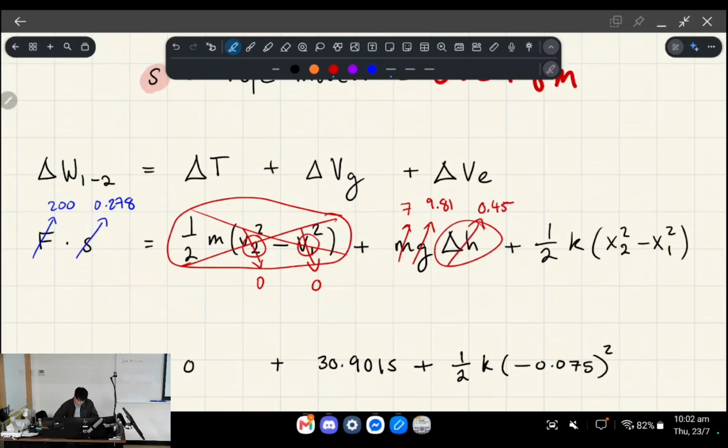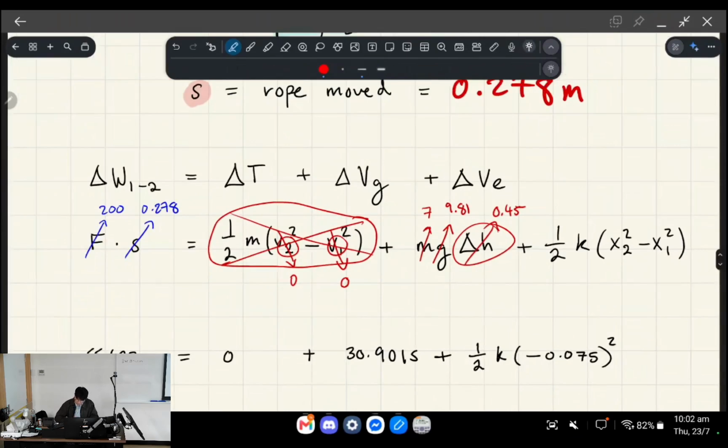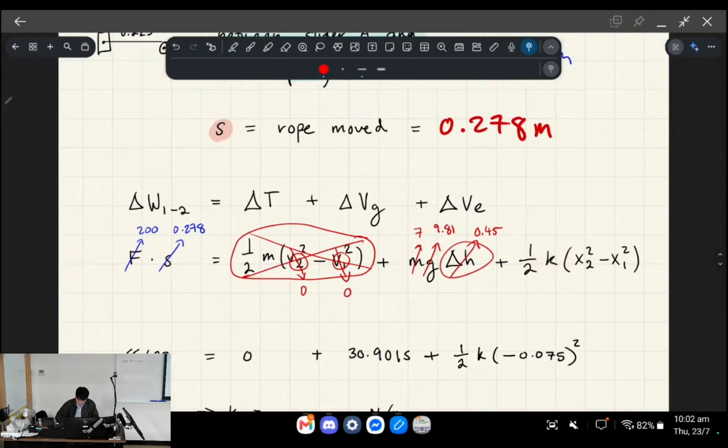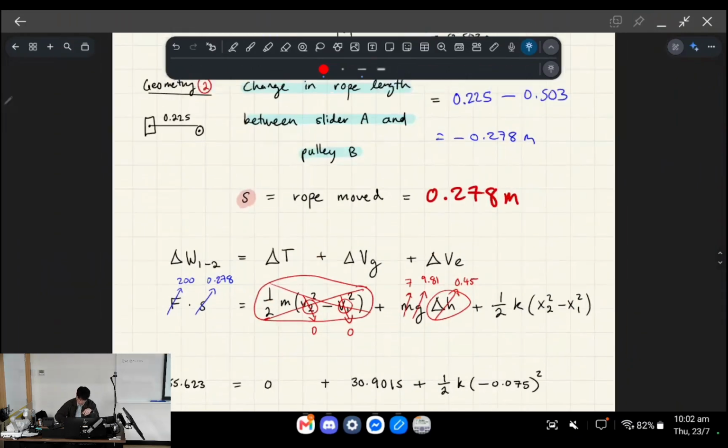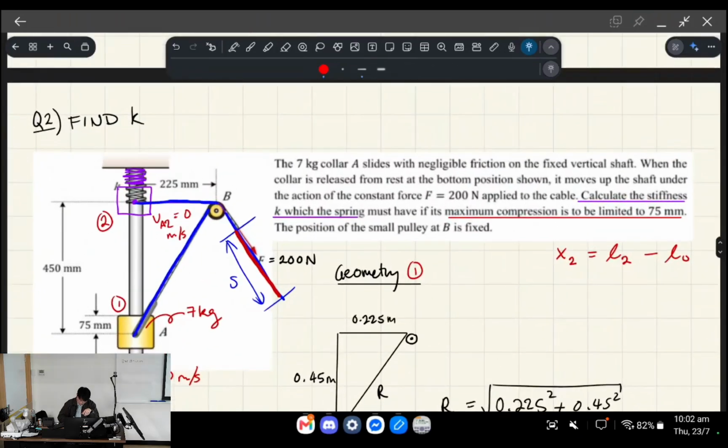Okay, lastly, let's look at the term to do with spring potential energy. We're interested in k, and so we want x2 and x1. Remember, x2 is the deviation from the spring's equilibrium length in state 2, and x1 is the deviation from the spring's equilibrium length in state 1.